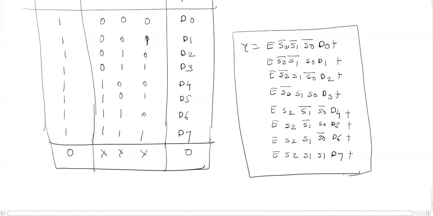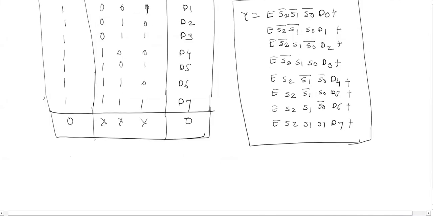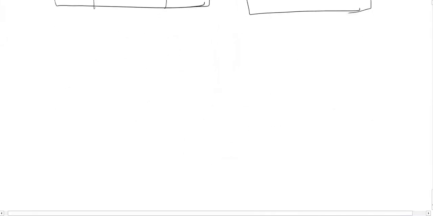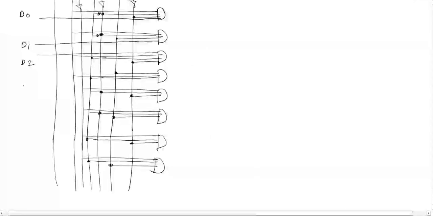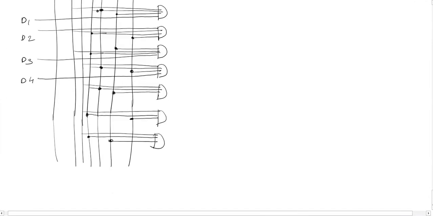Now to draw the logic diagram of the 8:1 multiplexer, we'll implement this expression. Now the common D3, D4, D5, D6 and D7.